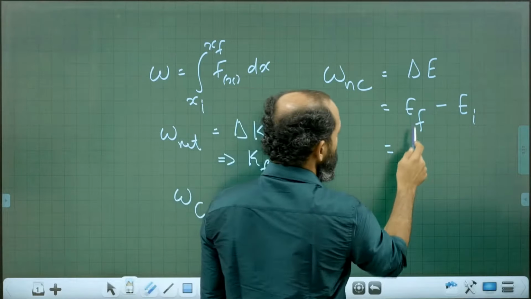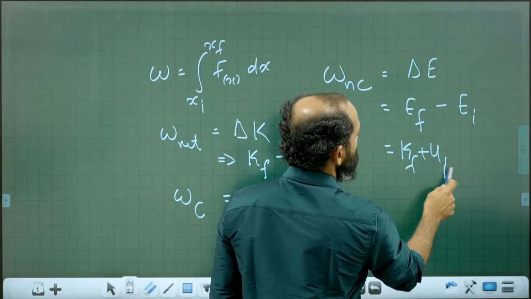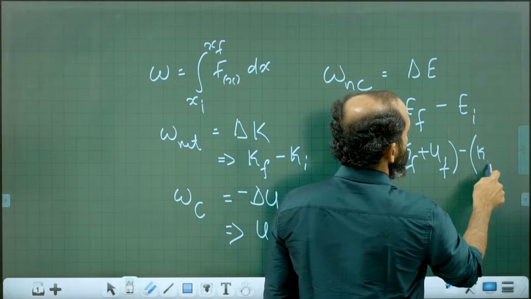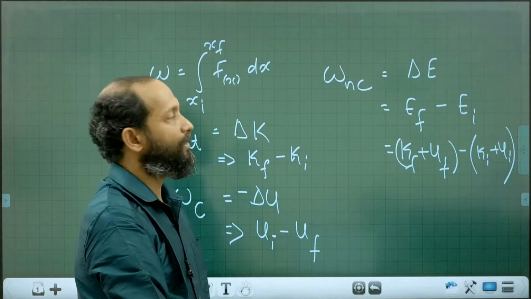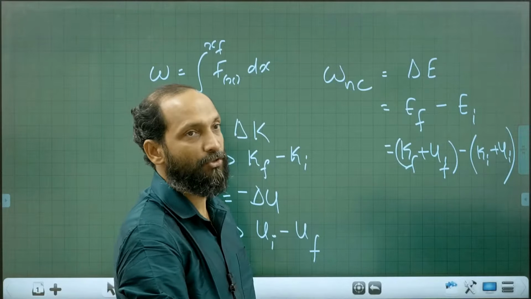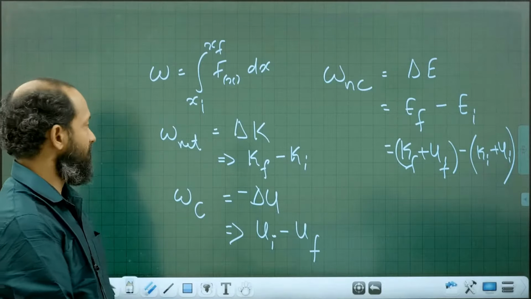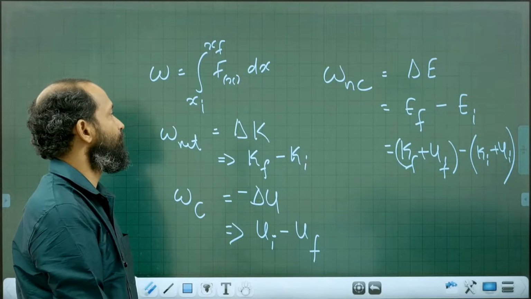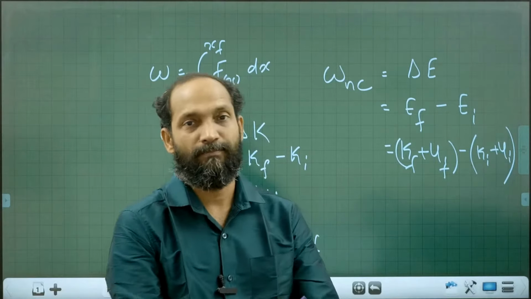Final mechanical energy is final kinetic energy plus final potential energy, and initial mechanical energy is initial kinetic energy plus initial potential energy. So work done by non-conservative forces equals change of mechanical energy. Work done by net force appears as change of kinetic energy. Work done by conservative force appears as negative change of potential energy. All these work energy theorem statements are very important.